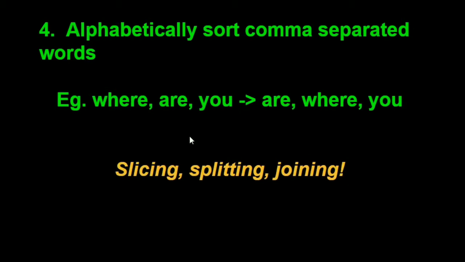So it should be sorted alphabetically and the user should give it by separating it with commas. For example, my input is where are you, the output should be are where you. See, it is alphabetically, that is A, W and Y. Also, if the user gives a repetitive word, the repeated word should be removed, no word should be repeated.